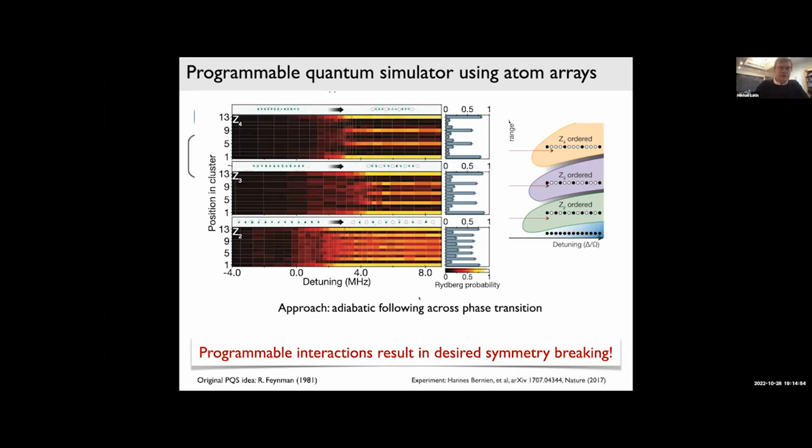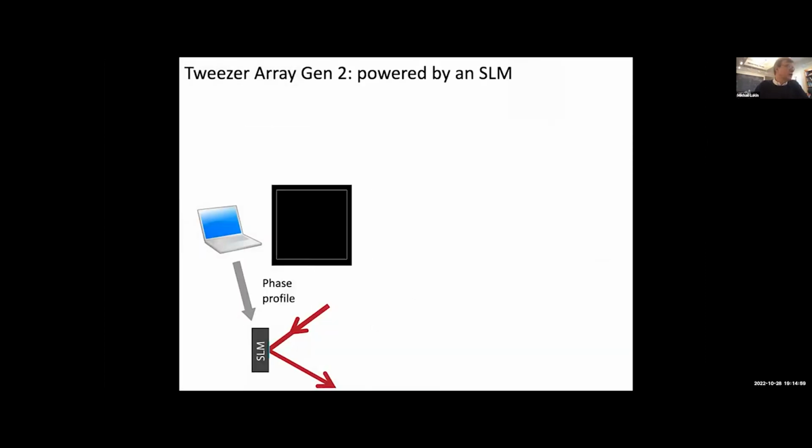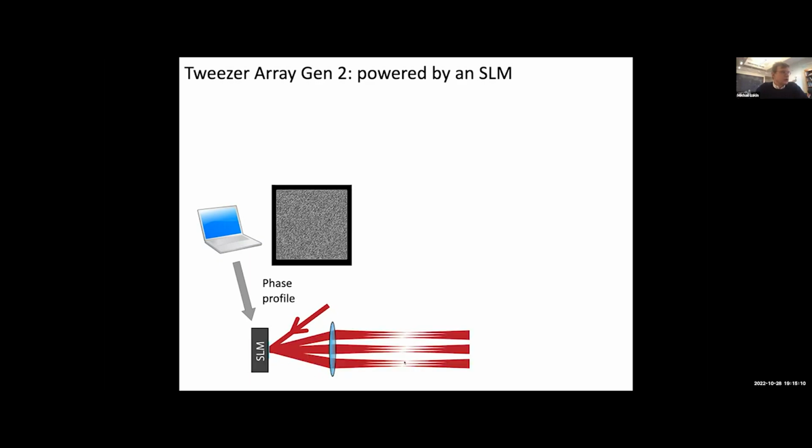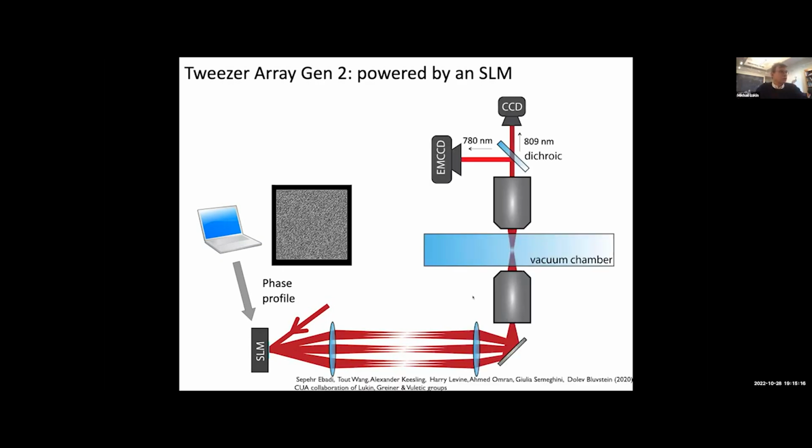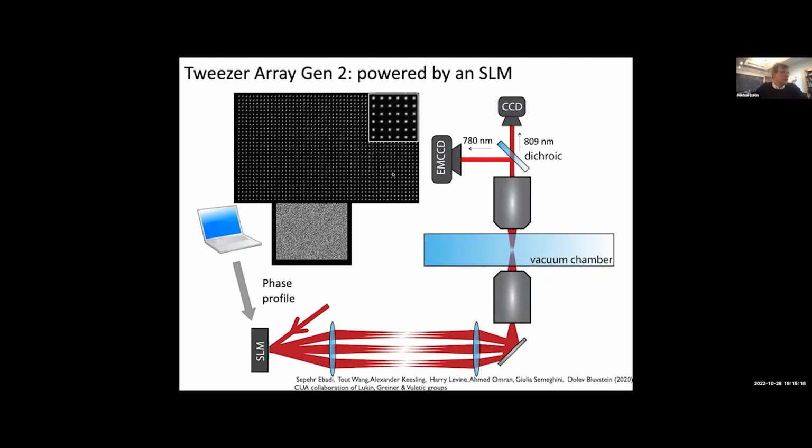In the last 2.5 years, we operated what we call generation 3 of the atom array, which was enabled by a simple device called the spatial light modulator, which is basically a computer-generated hologram, where you can create within 2D an arbitrary pattern of laser beams. If you project it inside the vacuum chamber, in this case, you have an array of thousands of traps.